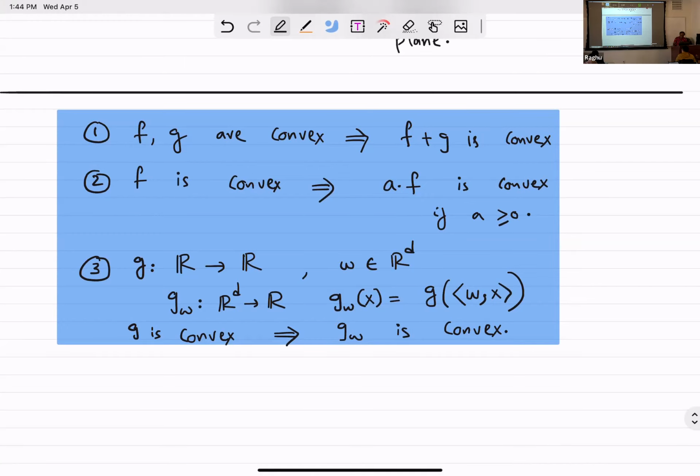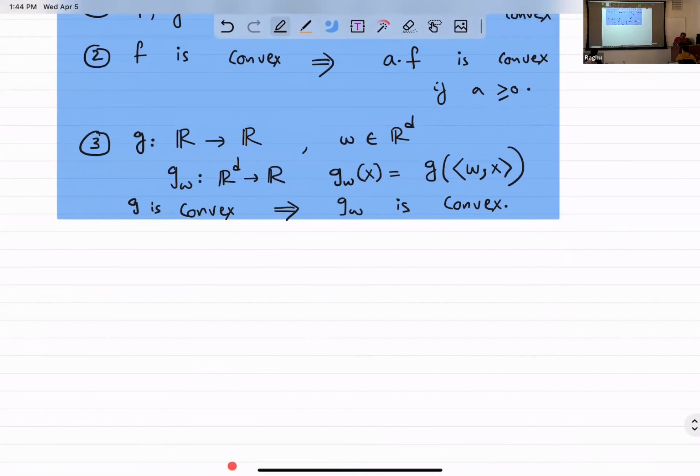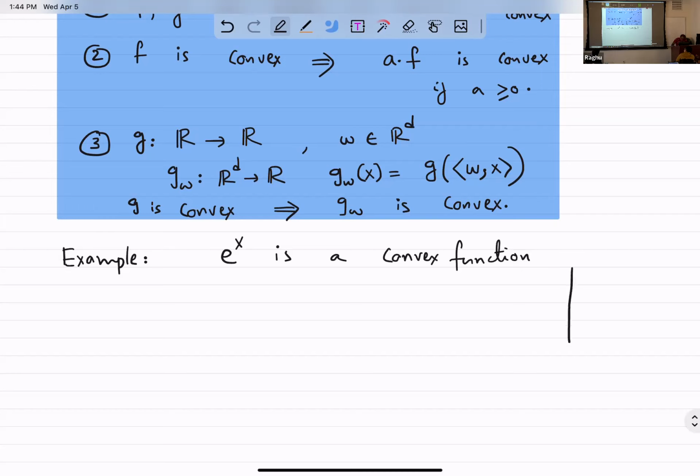Okay, and there are other important functions which are convex. So e to the x is a convex function. If you draw e to the x, what does it look like? It's 0, it is 1.